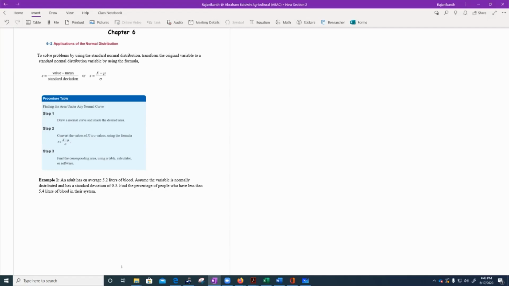Find the area under any normal curve. This is different from the previous section. In the previous section 6.1, we had finding the area of the standard normal curve, the z distributed curve, right? The Z curve.